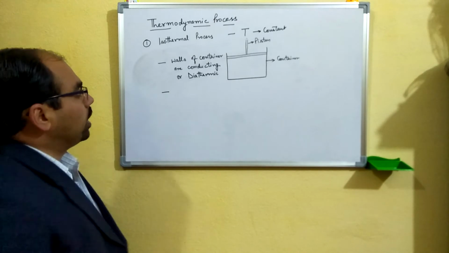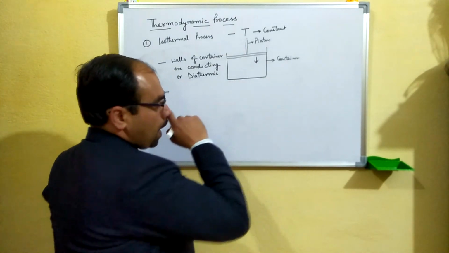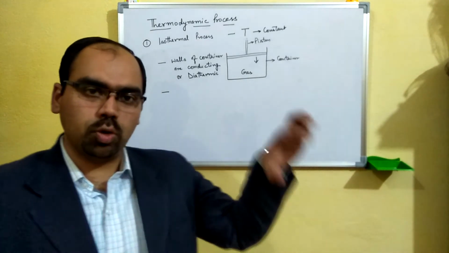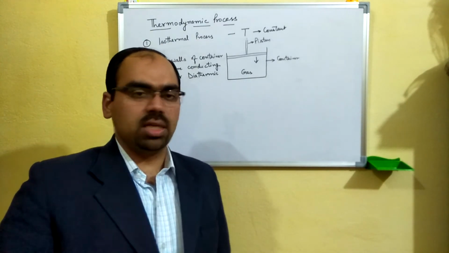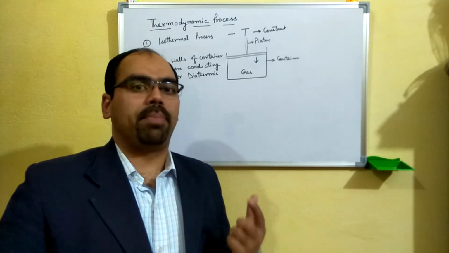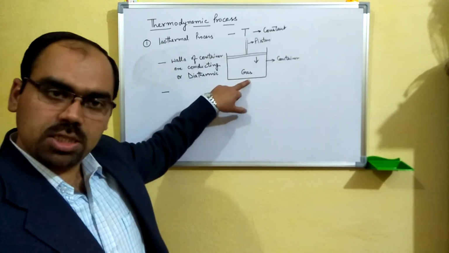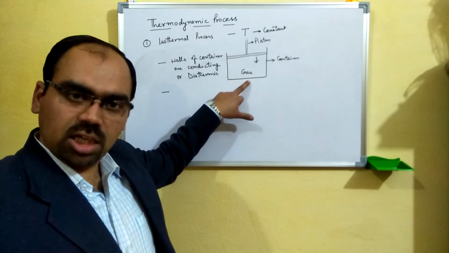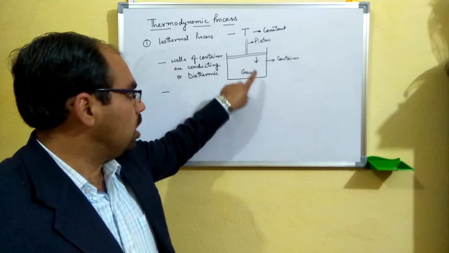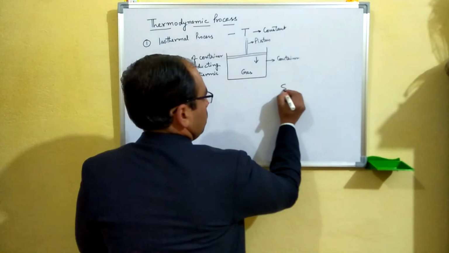Number two, when this piston is moving inwards, the gas filled in the container is going to compress. This causes an increase in the temperature of the gas due to compression. As we have seen, these walls are conducting, diathermic, so the heat which is produced due to compression will easily be passed on to the surrounding.